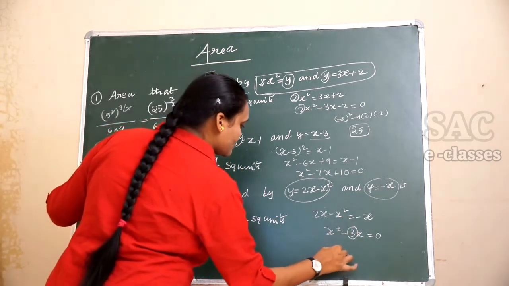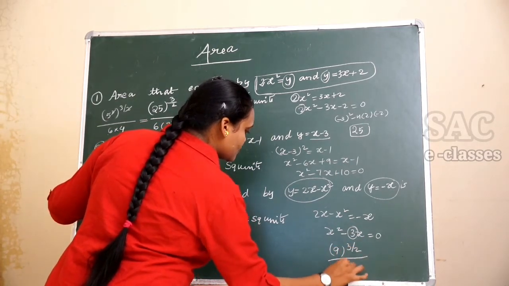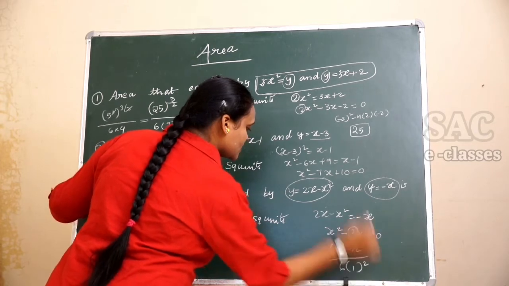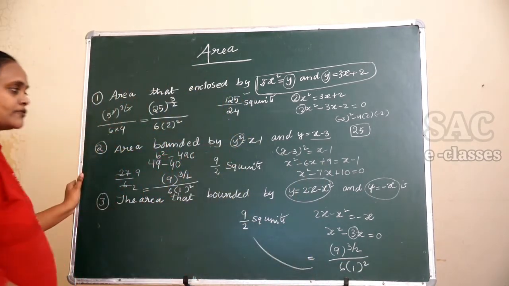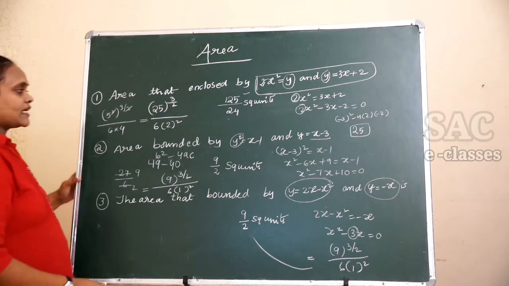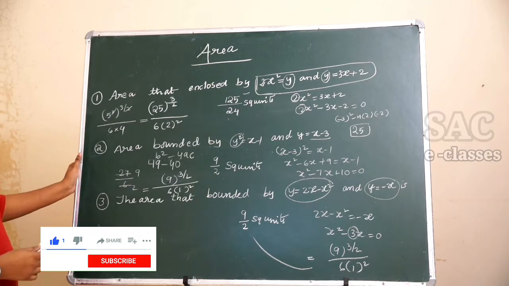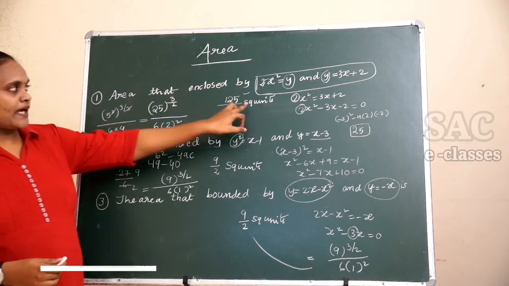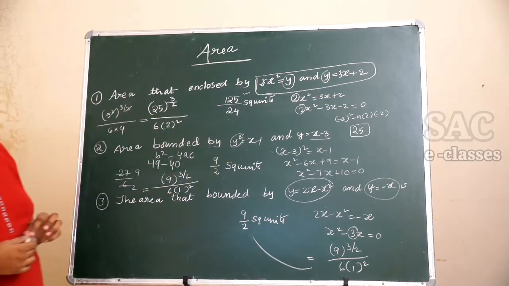The discriminant is just b², which is 9. 9^(3/2) by 6 into the leading coefficient 1 squared will give you the same answer, 9 by 2 square units. With this trick you can very easily find the area enclosed by a parabola as well as a line. Let's move to the next problem.